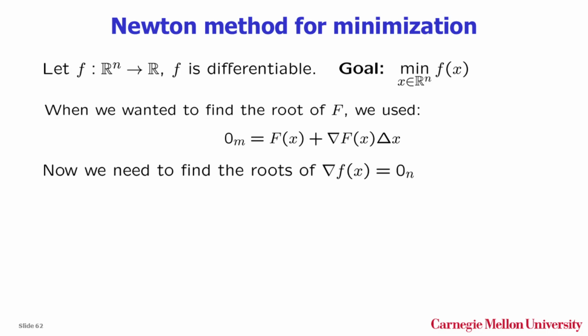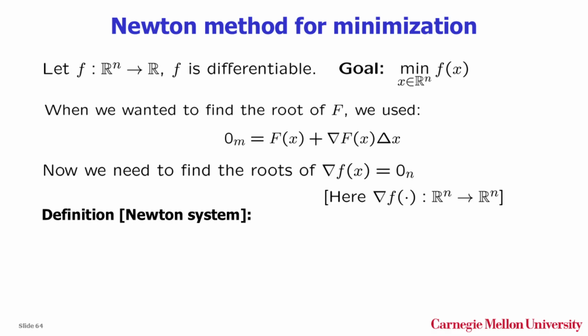To minimize a differentiable function f, we need to find the roots of its gradient. This condition may also yield local maxima or saddle points, not just local minima. Here, the gradient function maps from n-dimensional vectors to n-dimensional vectors. The Newton system in this setting becomes the gradient of f plus the second derivative of f times delta x equals 0.